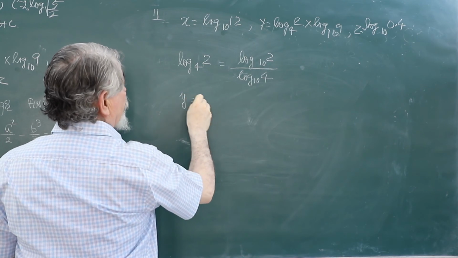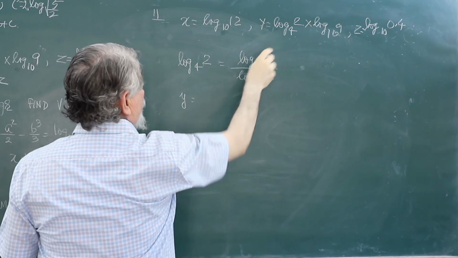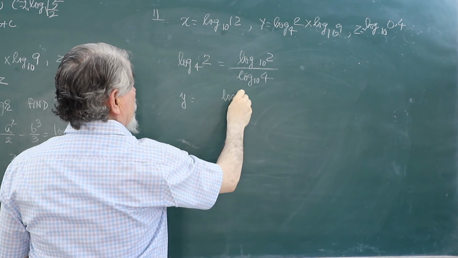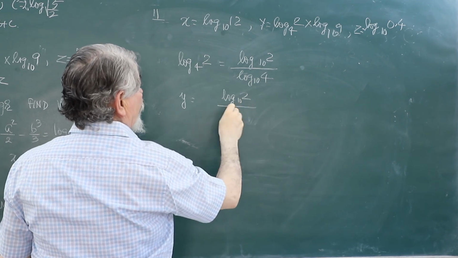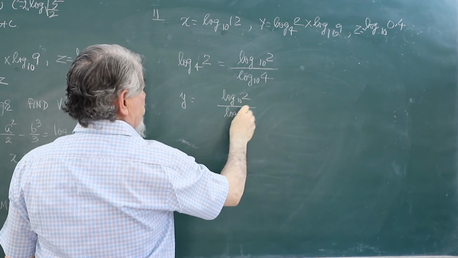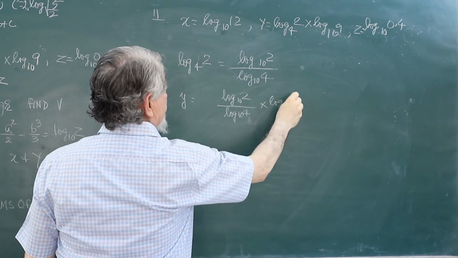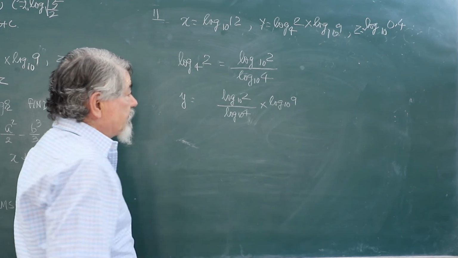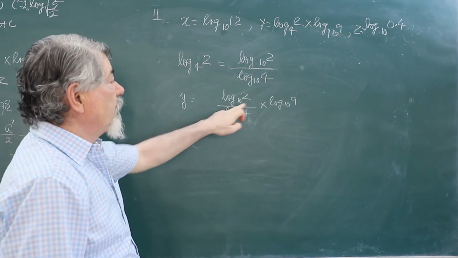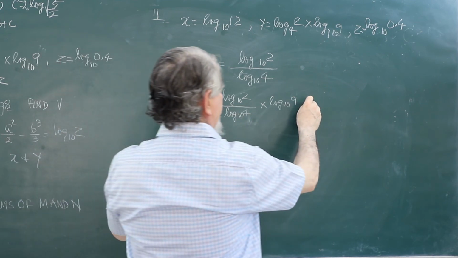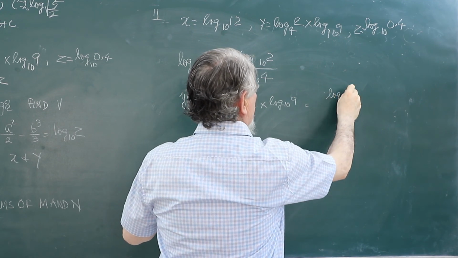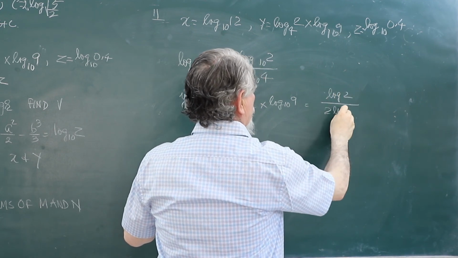Y we have to bother about, because log 2 to the base 4 will become log 2 to the base 10 upon log 4 to the base 10, into log 9 to the base 10. It means log 2 upon 2 log 2.